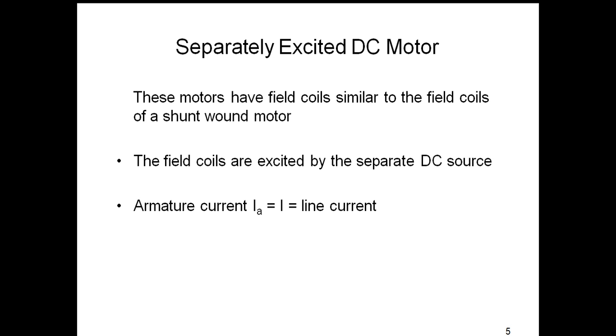In this, the armature current IA is equal to line current I, and in this motor the back EMF equation can be written as EB is equal to V minus IA RA.